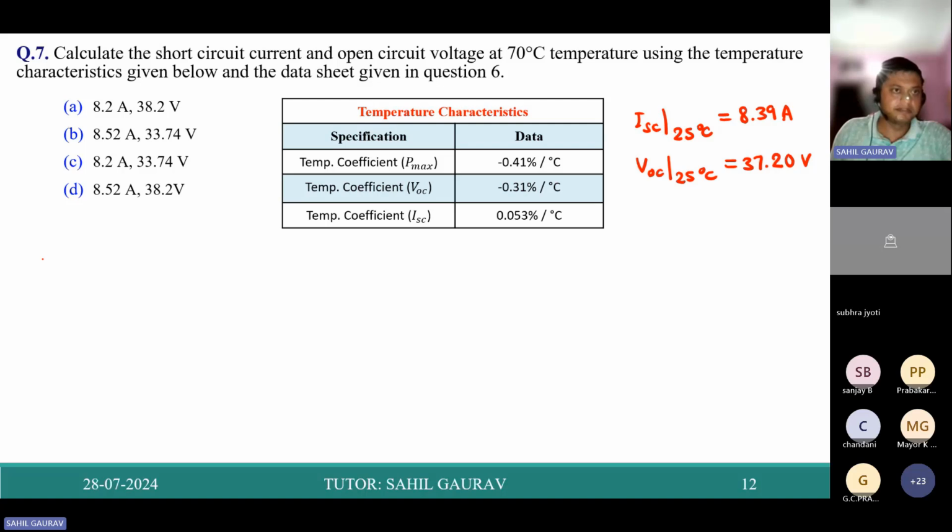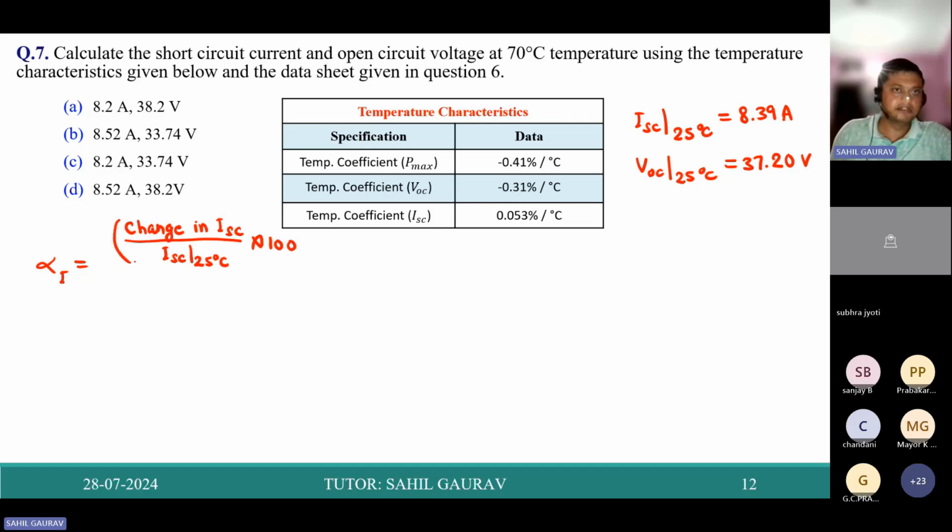So let us start to solve the problem. We know that the temperature coefficient expression is denoted by alpha I, and it is given as the change in ISC, short circuit current, upon ISC at ambient temperature 25 degrees Celsius, into 100.